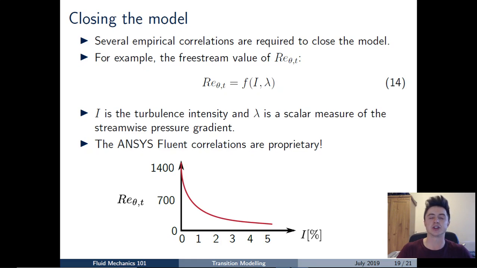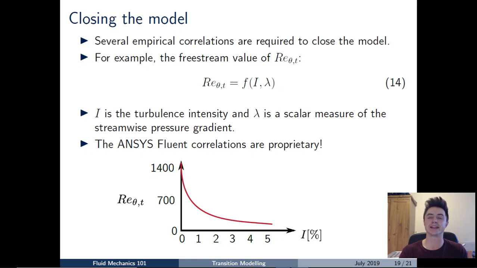And I've put for you there just an example plot to help you think about exactly what's happening. The turbulence intensity I, as we increase the turbulence intensity, we expect the length of that transition region and the laminar region to reduce, and as a result that's reflected in Re-theta t reducing.